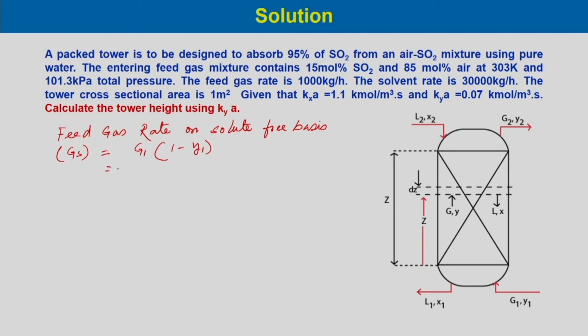So, G1 is 29.2 into 1 minus 0.15, that is 15% feed gas concentration. So, it would be equal to 24.82 kilomole per hour.